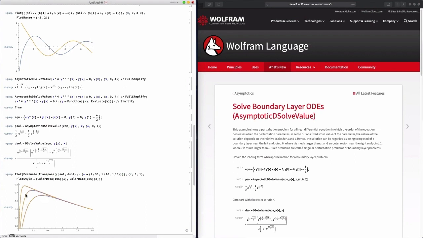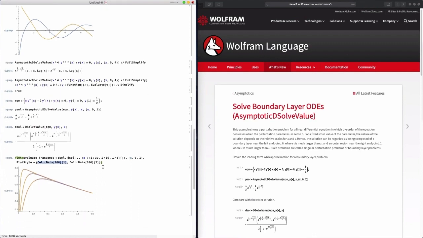And you can see there's a little bit of difference right here. For the larger epsilons, you can see there's a little bit of space right there, but pretty quickly they all converge together.